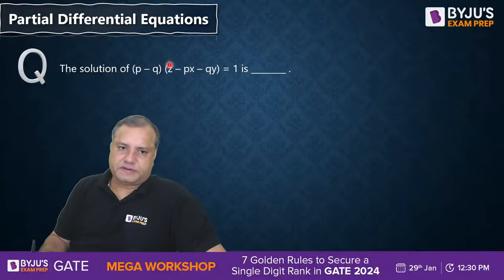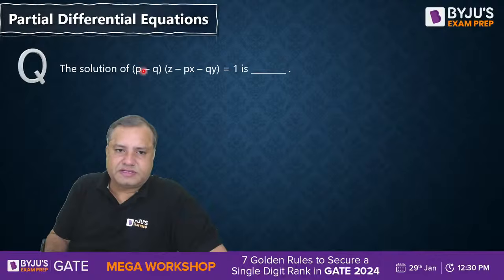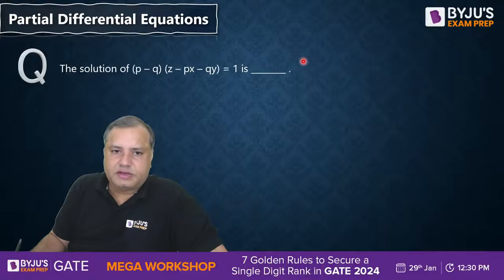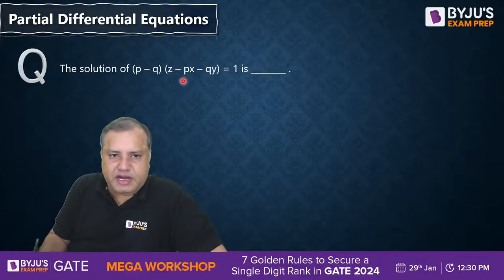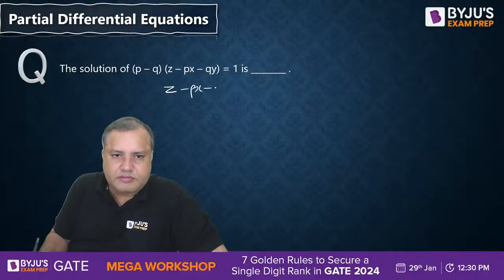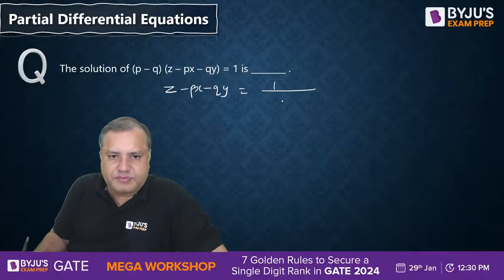Now see this question. Just simplify this. So P, here, this bracket as it is, Z minus Px minus Qy and 1 upon this P minus Q. Now Px and Qy brought to the other side.